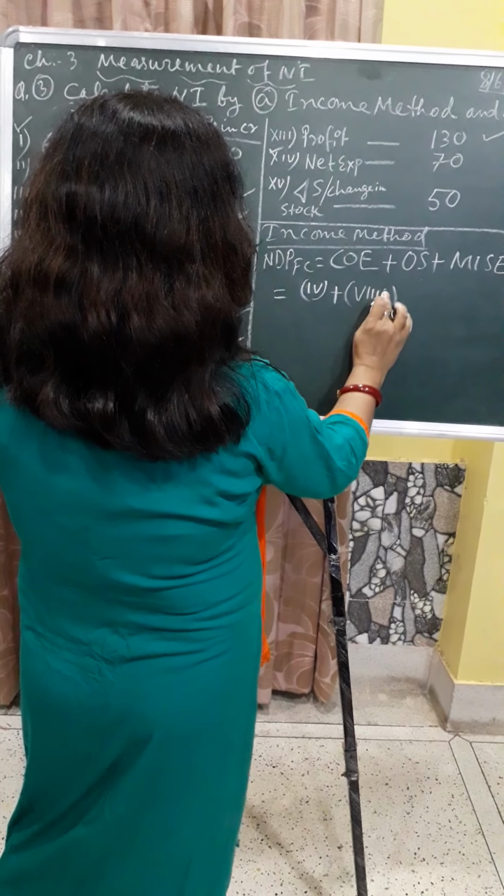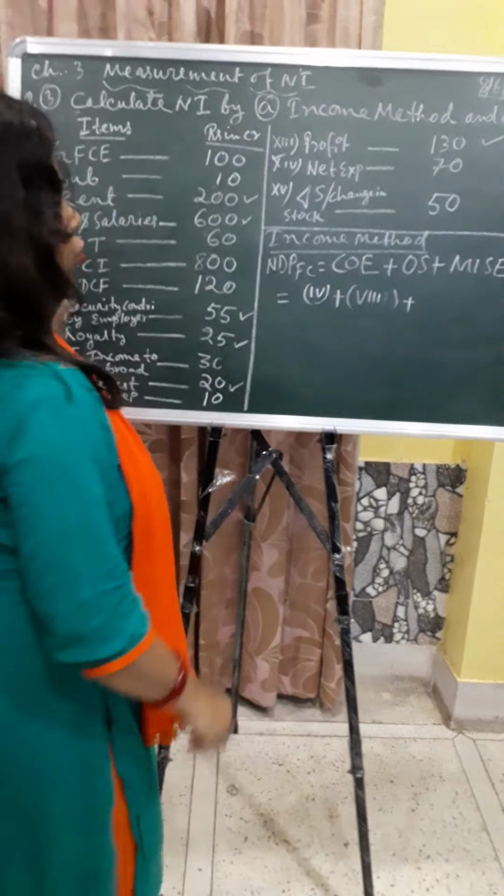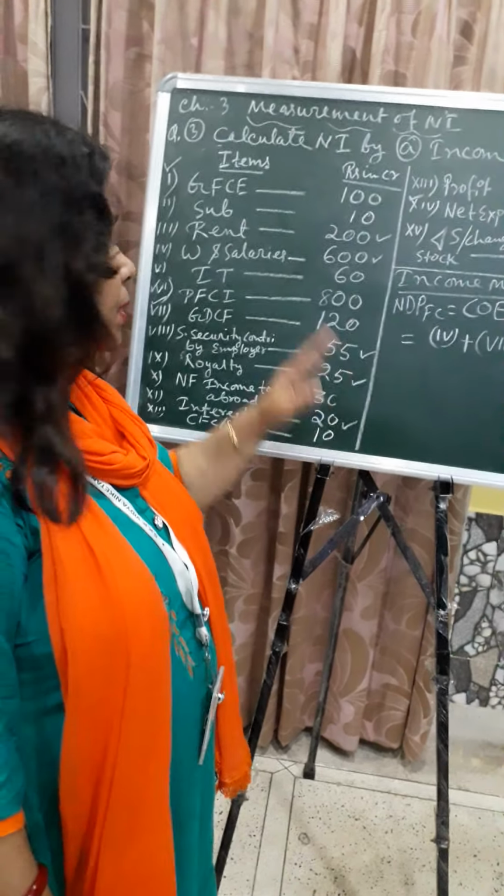So in COE these two items are included: number 4 wages and salaries and number 8 social security contribution by employer. So COE is completed. Operating surplus: in operating surplus we know rent, interest, profit and royalty. Operating surplus is not given directly, but its elements are given.